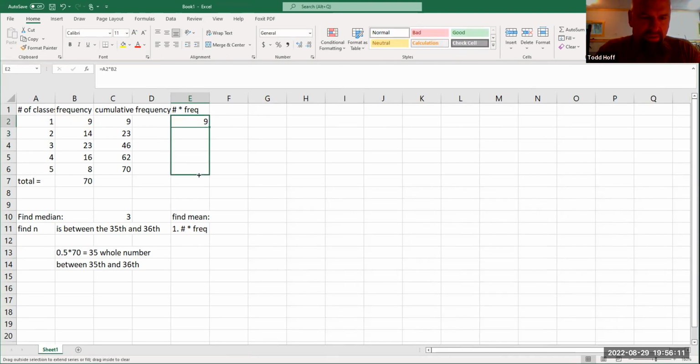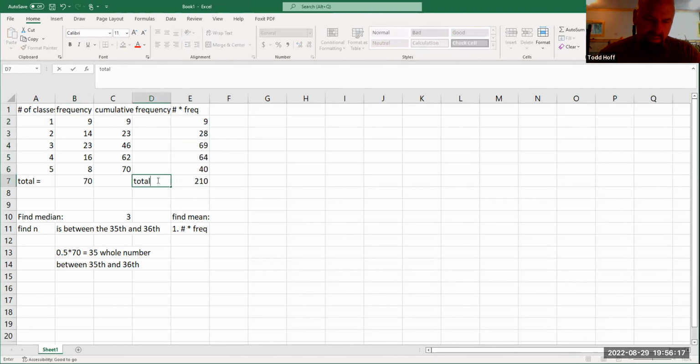So I'm going to fill that down, and I find the sum of those. The mean is then that sum divided by the total frequency, by n.